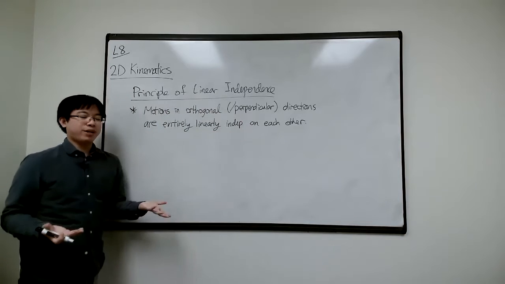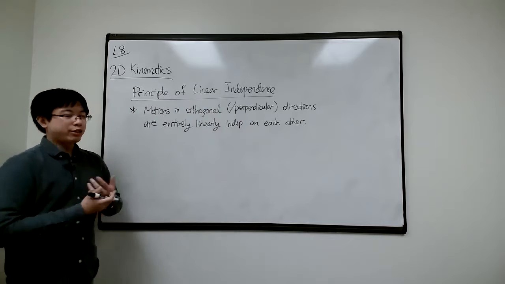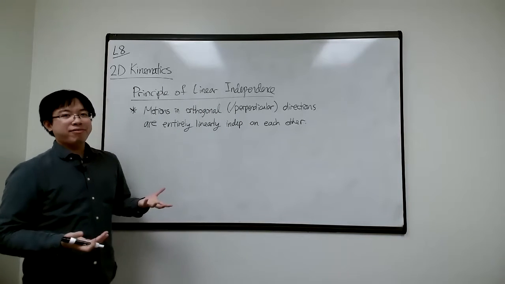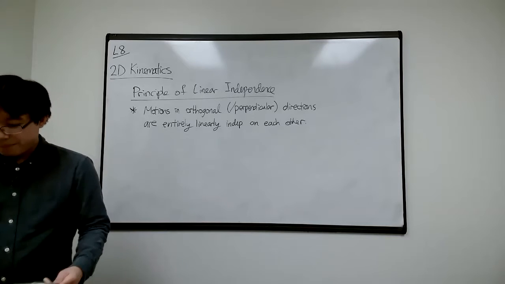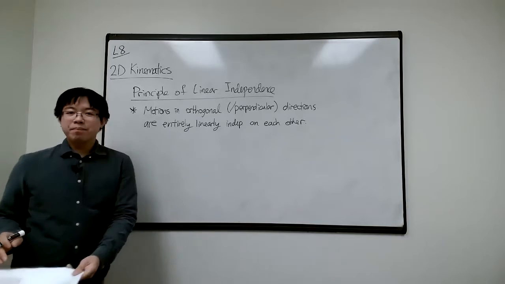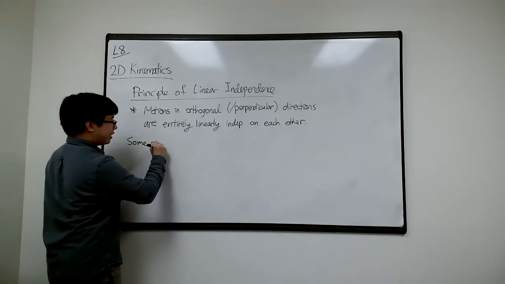Well, independent, you know what that means. They don't affect each other. Linear, you don't have to worry about that. It's unimportant for now. If you take more math classes, you might encounter linear algebra, where it means something more specific.